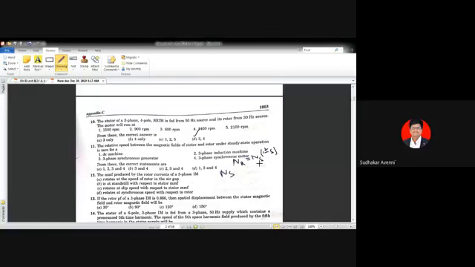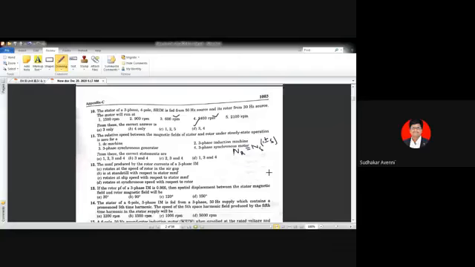When plus is taken, we are going to obtain a speed of 2400. When we take minus, we are going to obtain 600 RPM. So that is the solution for the 10th one.